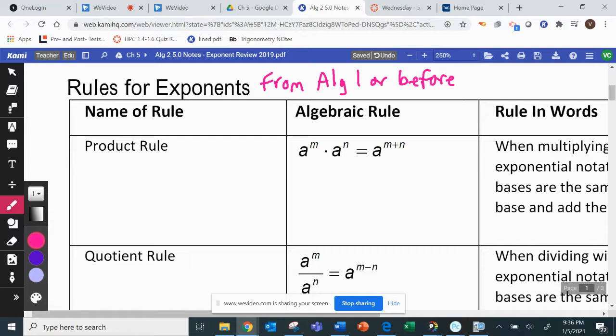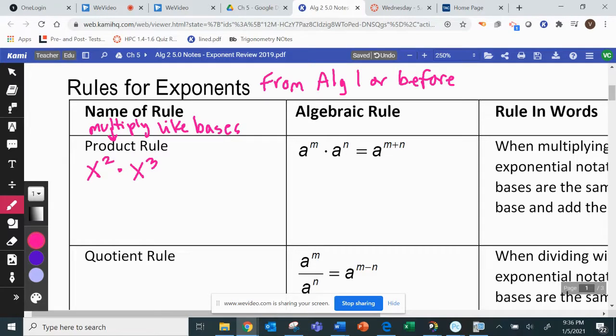And I'm just going to make up a problem like x squared multiplied by x to the 3rd. So the product rule means multiplying like bases. We're going to multiply like bases.